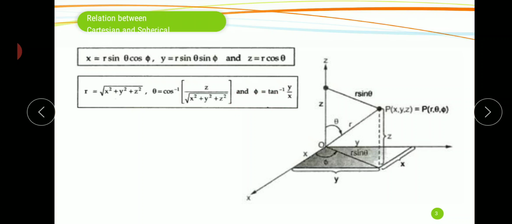By using these equations, if you know the values of r, theta and phi, substitute them in these equations, and we get the values of x, y, z. That means simply by knowing the values of the spherical coordinate variables, we can easily convert to the Cartesian variables by using these formulas.